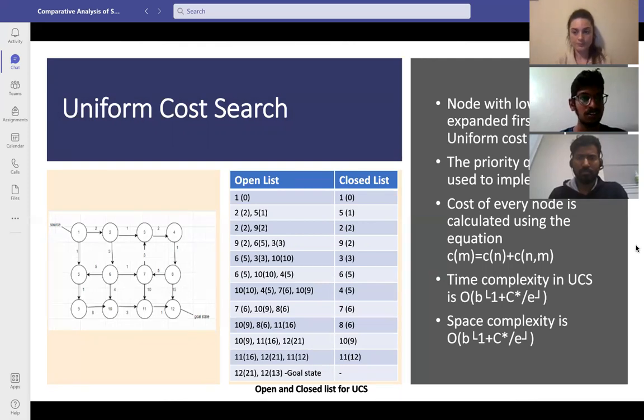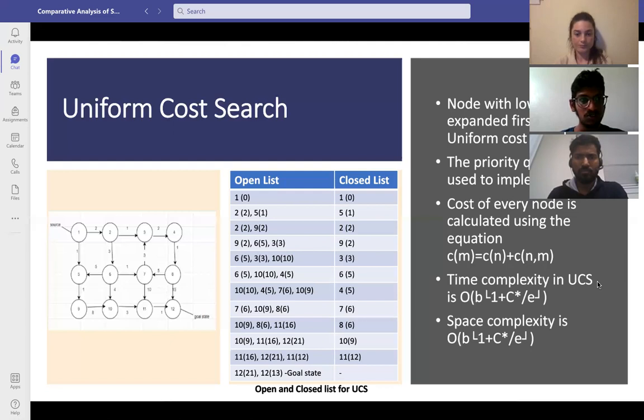After completing 5, if we see it in the figure, node 2 will be completed, because the cost for node 2 is also 2 only. If we compare the same with 9, the distance from 1 to 9 and from 1 to 2 are both the same.